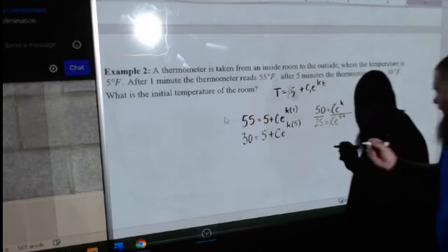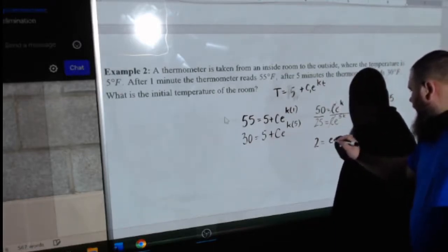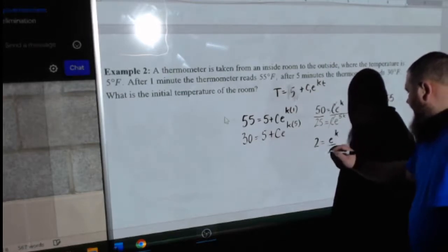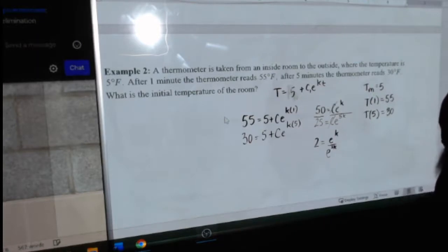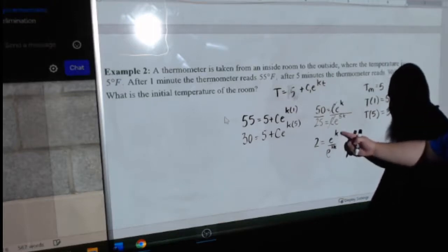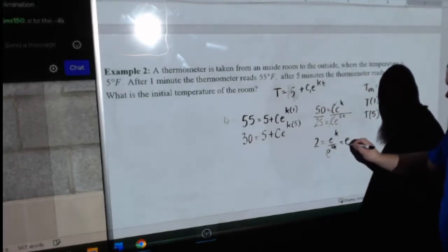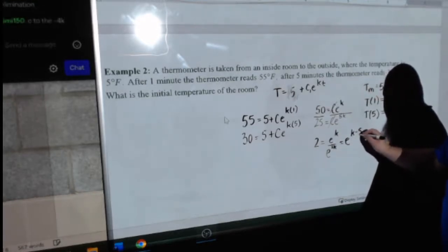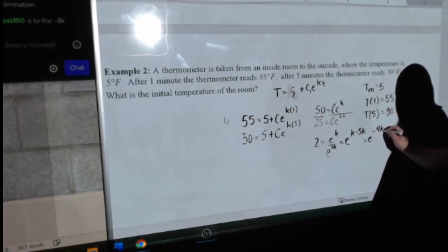And now I've got 2 is equal to e^k divided by e^(5k). And if I have that division, I can just do a subtraction of the powers. So this is e^(k-5k), which is e^(-4k).